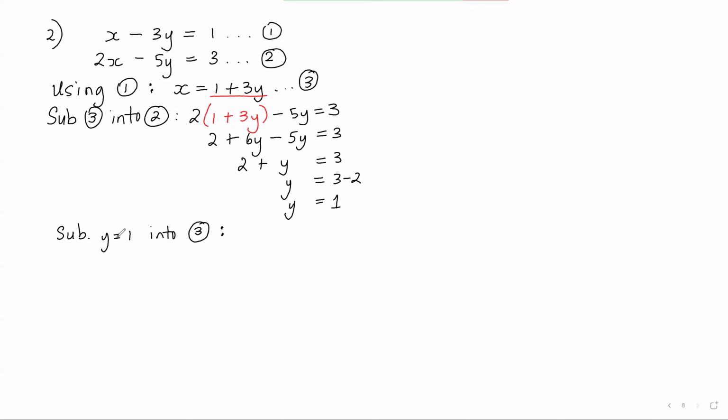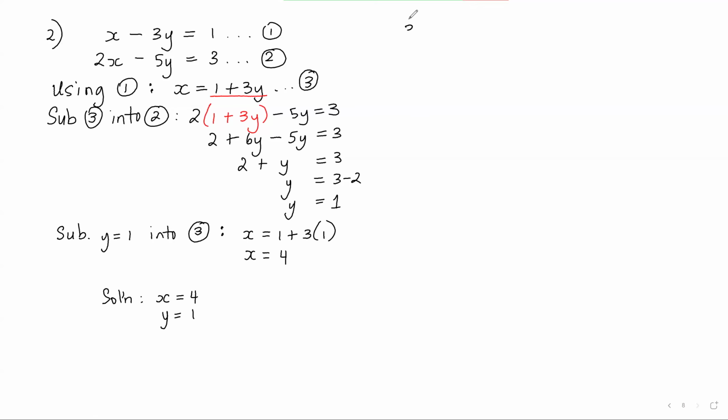So substituting y is equal to 1 into 3 would give me x is equal to 1 plus 3 times y, so 3 times 1, which will be x is equal to 1 plus 3, which is 4. So my solution here to this pair of simultaneous equations is x is equal to 4, y is equal to 1. Right? Let's do another one.